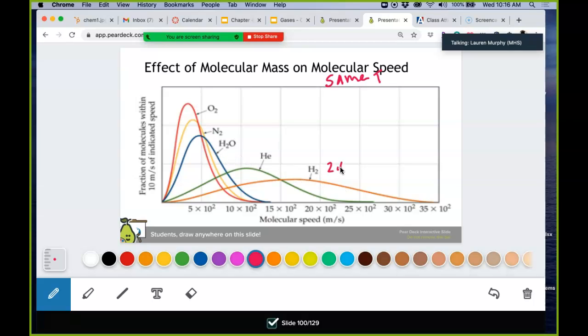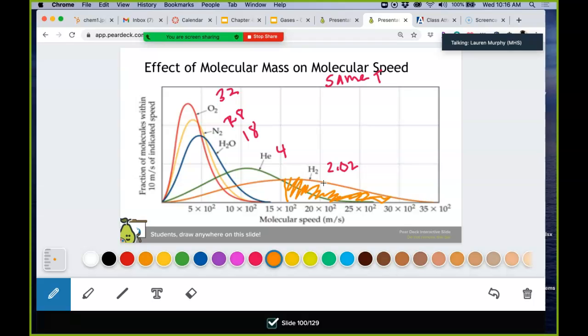So hydrogen is 2.02 grams per mole, helium is 4, water's 18-ish, nitrogen's 28, and oxygen is 32. So what is the point of this? So look at where hydrogen and helium overlap.